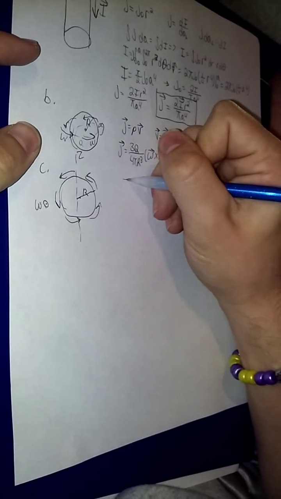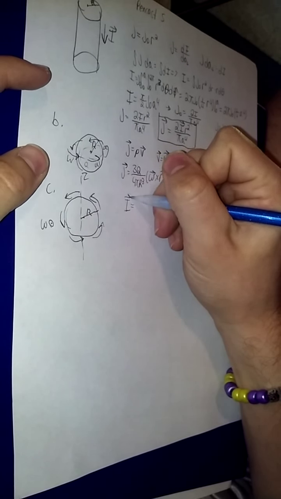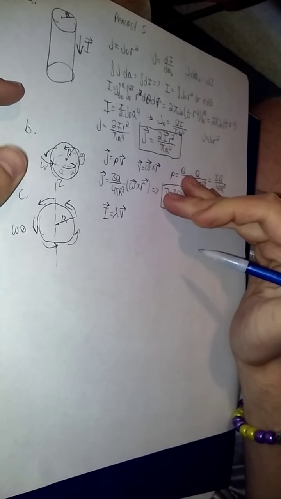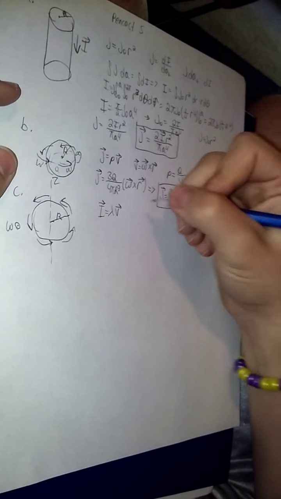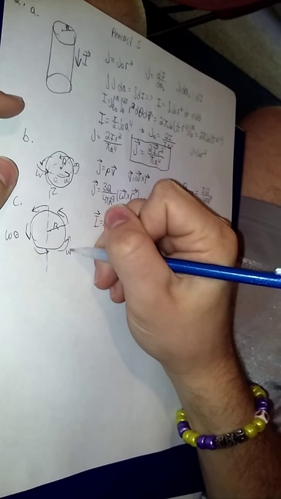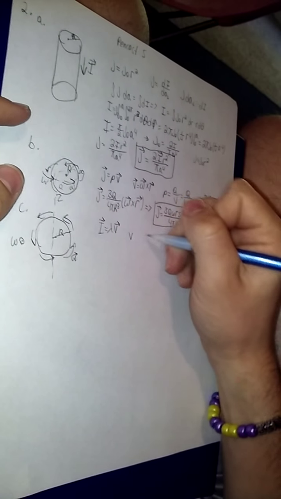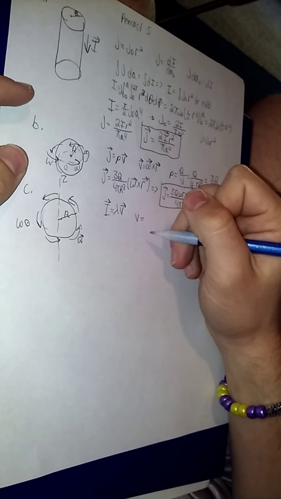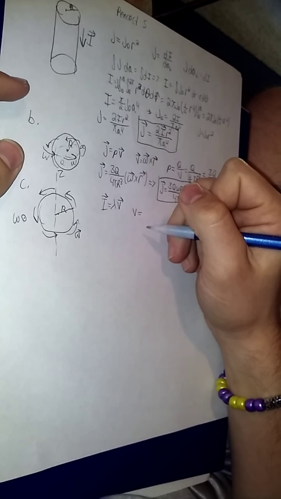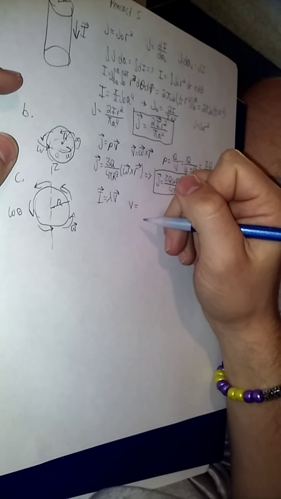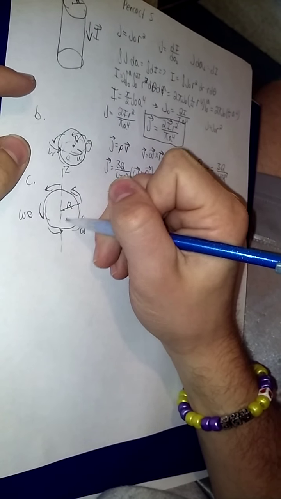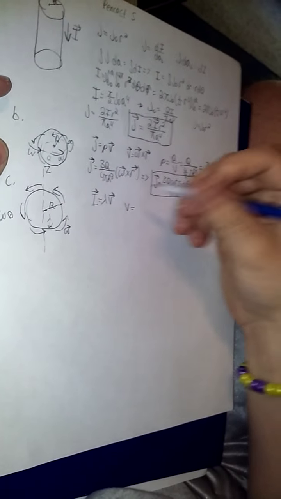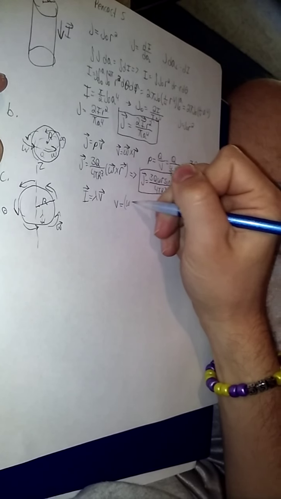So we have I equals lambda v, where lambda is on the surface, and v equals omega cross r.